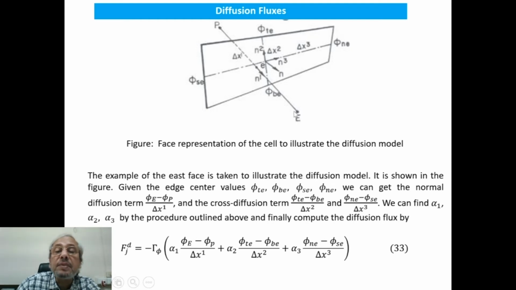This is separated by a distance, the magnitude of which is del x1. And the cross diffusion terms are basically phi T minus phi B divided by del x2, phi NE minus phi AC divided by del x3.